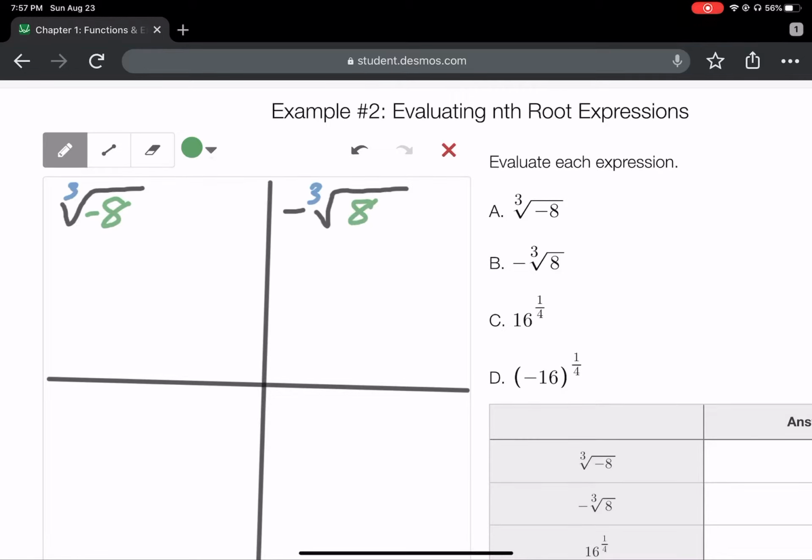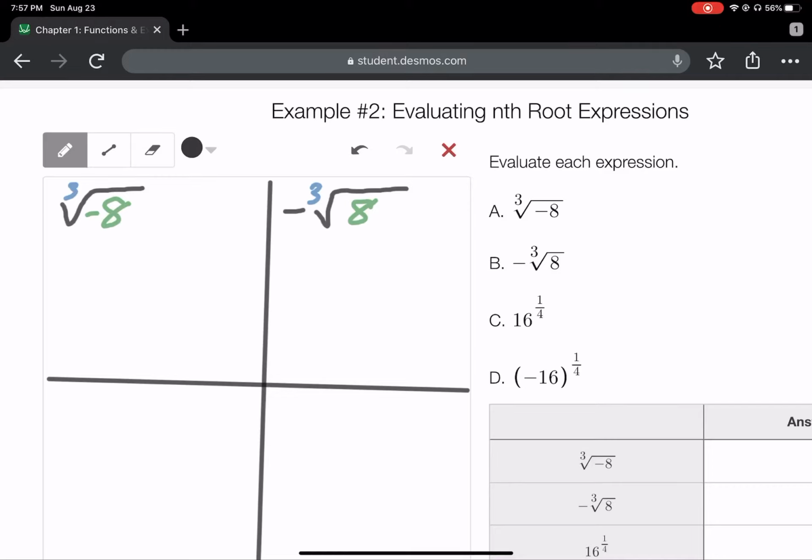Here we go. These are very, very similar. We have a third root, we have an 8, and we have a negative sign, okay? But the negative sign applies differently for both of these.